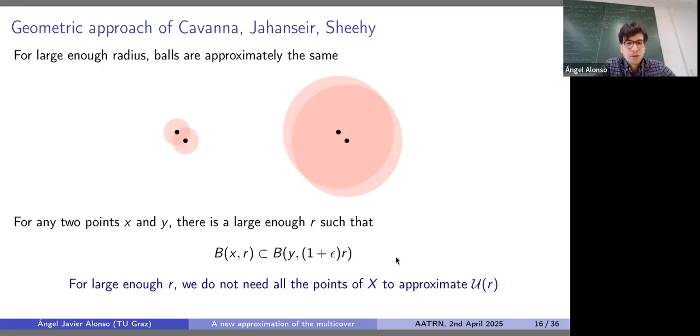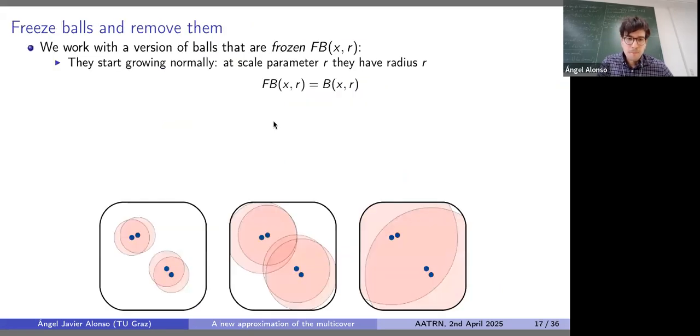So perhaps the motto, the philosophy behind this is that, well, for large enough radius, we do not need all the points of X to approximate the union of balls. Many balls will be similar to each other in this sense. So how do we exploit this? So Cavanna, Jahanseir, and Sheehy propose the following.